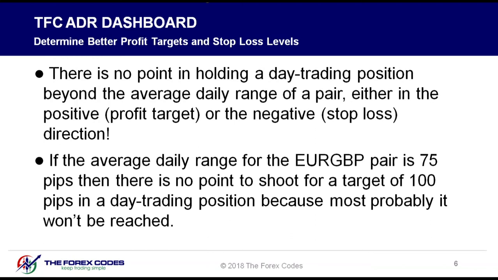Now some people do, because they shouldn't be trading. They don't have the education, they don't have the training. So you wouldn't shoot for a target of 100 pips in a day trading position, because most of it might not reach 100 if its average daily range is 75. It's just rank stupidity, really.